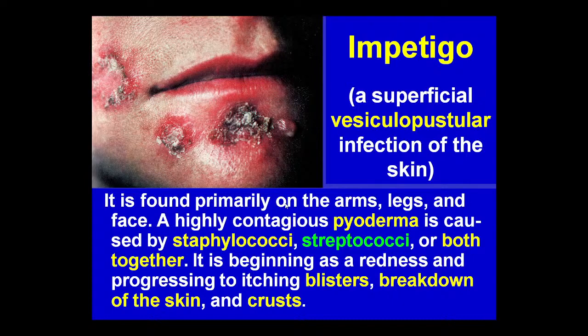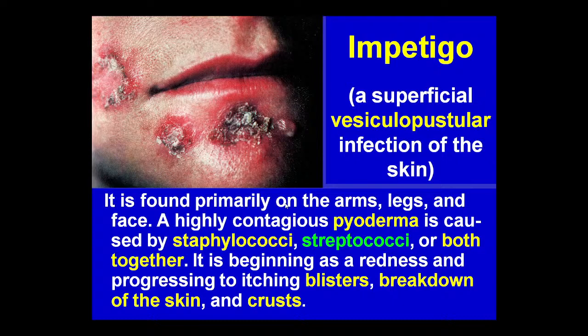It is found very often on the arms, legs, face, and this is a highly contagious pyoderma. And by the way, it very commonly appears as a mixed infection with Staphylococci and Streptococcus, either of them or both together.